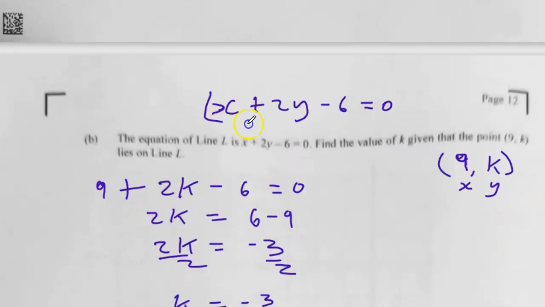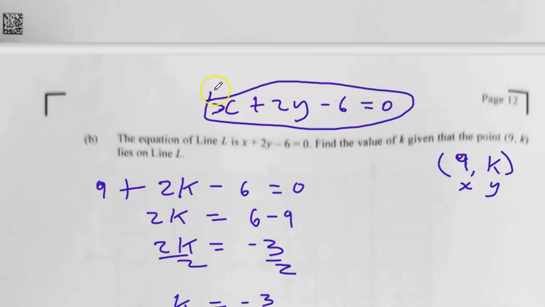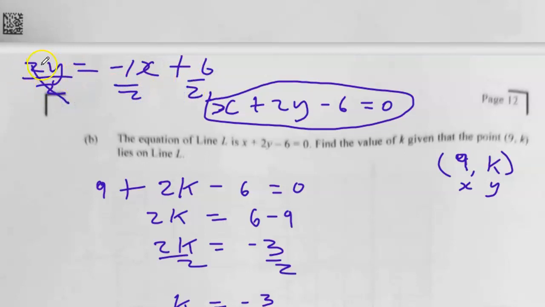Another way of getting the gradient of L is to rearrange the equation by transposing for y. If I transpose for y here, I would have 2y, and bring over x and the -6: negative x over as -1x, and -6 over as +6. If I divide each term by 2, notice y = -1/2 x + 3. So the coefficient of x, which is -1/2, is the gradient.